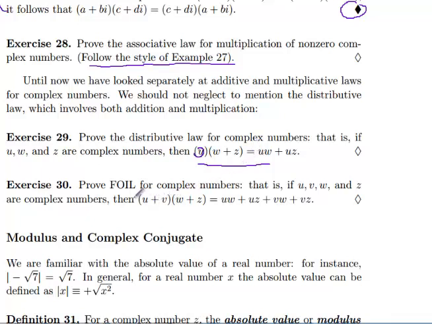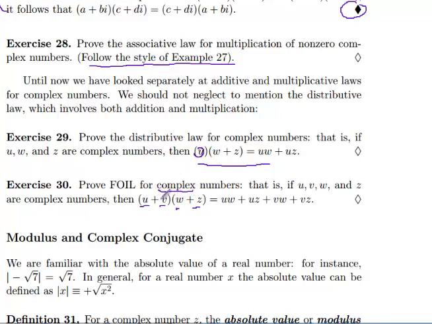All right, now this is different from before. Here, when we're proving FOIL for complex numbers, each one of these numbers here is a complex number. So you can't just use the old proof that you had before. You have to express these as complex numbers.